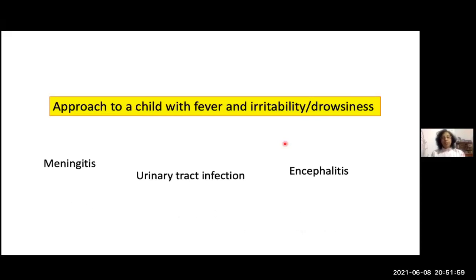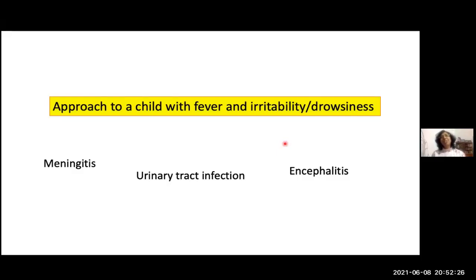Okay, so it could be a CNS infection, it could be meningitis or encephalitis or a meningoencephalitis as well. And at the same time, this fever and irritability can occur in other conditions, especially in urinary tract infections, because when there is dysuria, the child can't complain, it's hurting when I'm peeing, right?